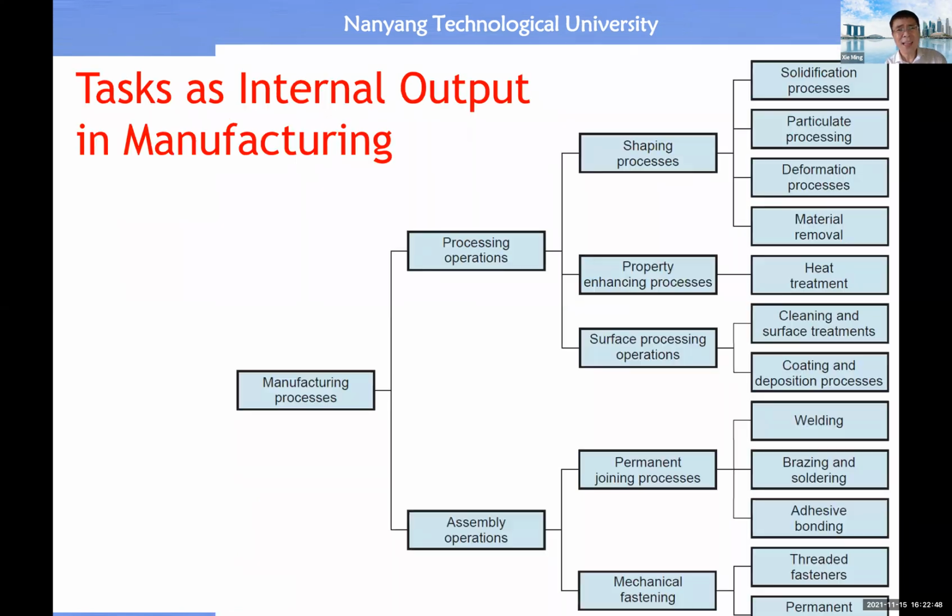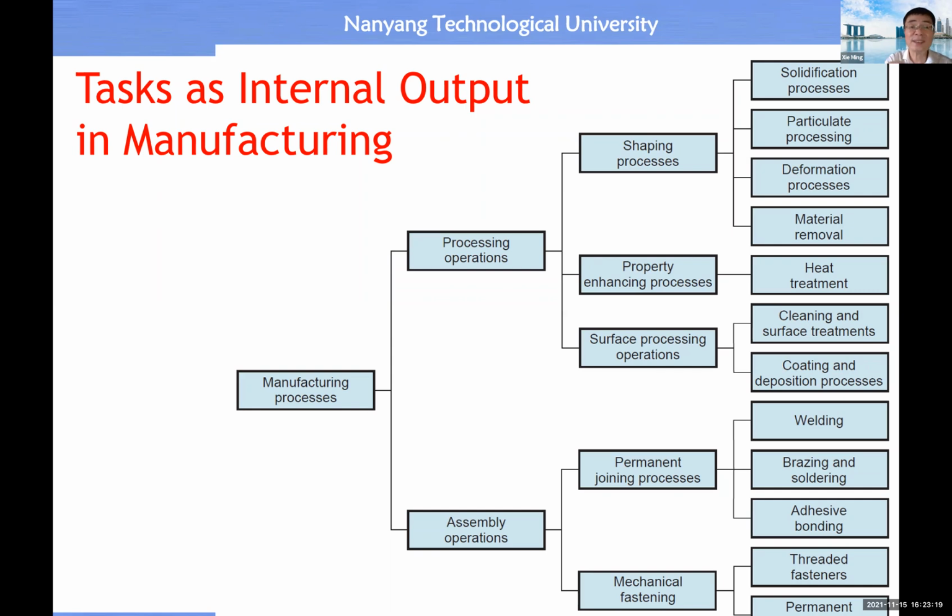All right. Then for manufacturing process, this is a tree structure for all the possible manufacturing processes. But pay attention here. Manufacturing means mechanical manufacturing. In agriculture, when we grow vegetables, that is called biological manufacturing. We also have chemical manufacturing.